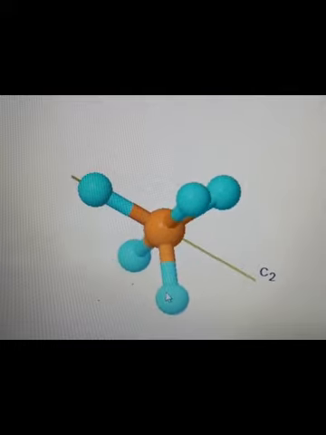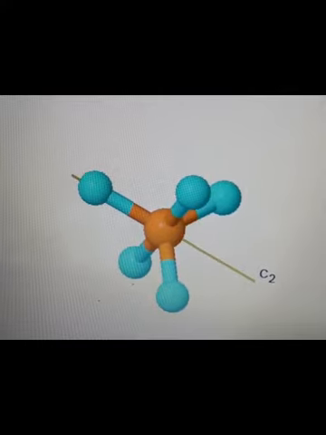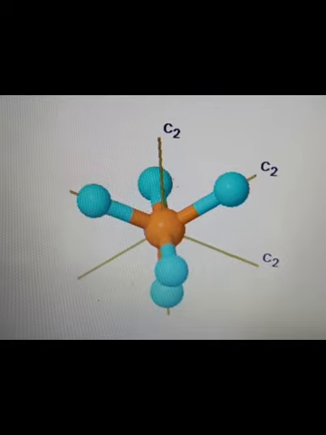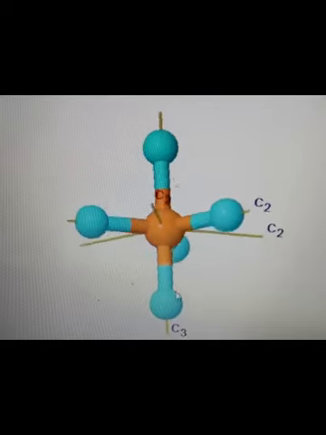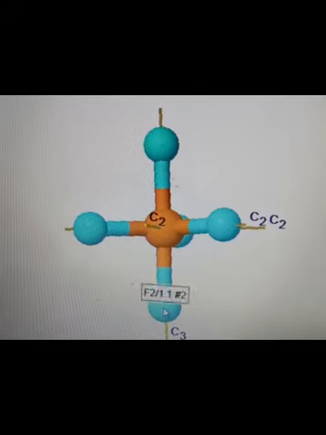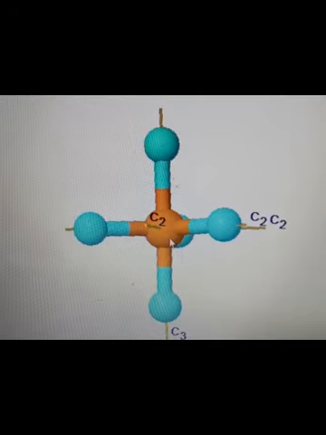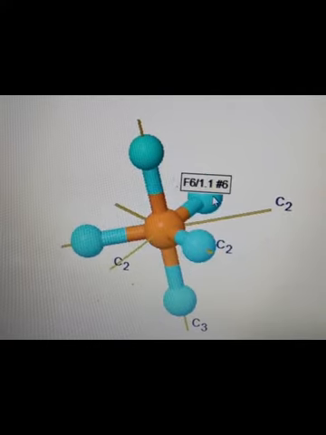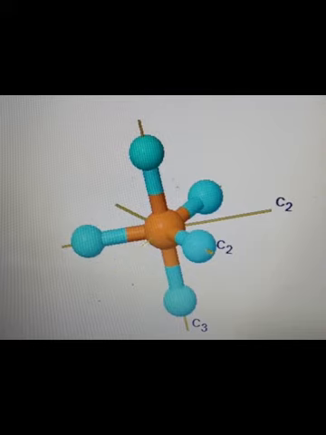If you look at the C2s, the 3 C2s are passing through the phosphorus and 1 fluorine atom. Whereas if you look at the C3, C3 is passing through the fluorine, phosphorus and fluorine atoms, that is 2 fluorine atoms and 1 phosphorus atom. So this is regarding the presence of the 3 C2s perpendicular to it.